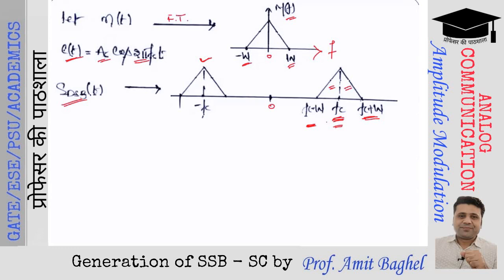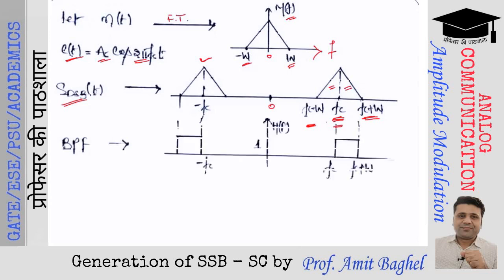Now, this DSBSC signal is then passed through a band pass filter, and the cutoff frequencies of the band pass filter are selected such that only one of the sidebands is passed through it. Hence, let us observe the frequency domain spectrum of the band pass filter.